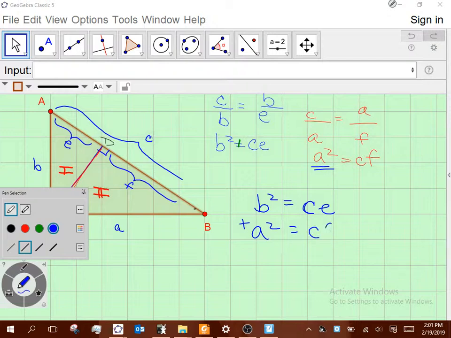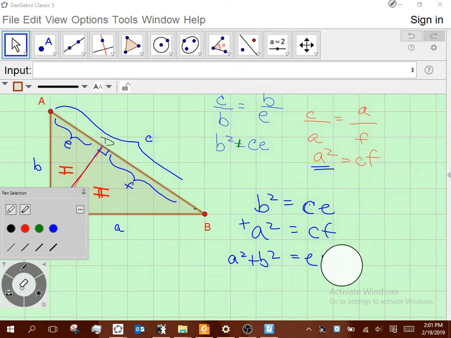Okay. So when I do that, this sum over here on the left turns into A squared plus B squared. That's pretty familiar looking, right? The right-hand side, not C squared, it gives me CE plus CF.